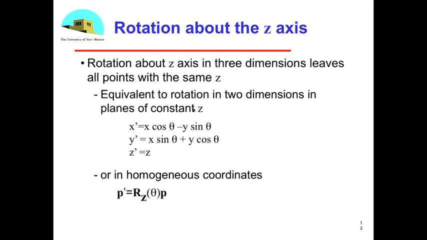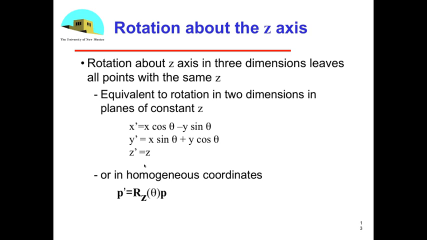It says that you're rotating in planes of constant z, so the equation for the new x, the new y, the new z is given by the two equations we had before, plus the equation that z doesn't change. Now, I really want to do this in homogeneous coordinates, so I also want to add an equation that says the w, the fourth component, if it was 1, is going to stay 1.